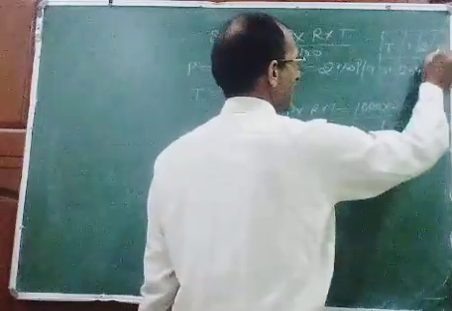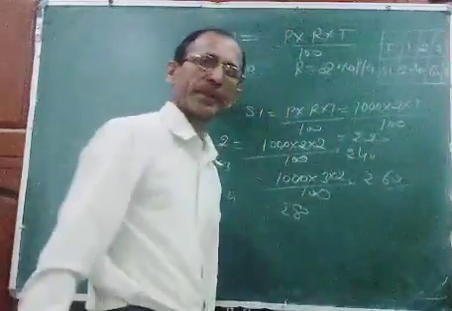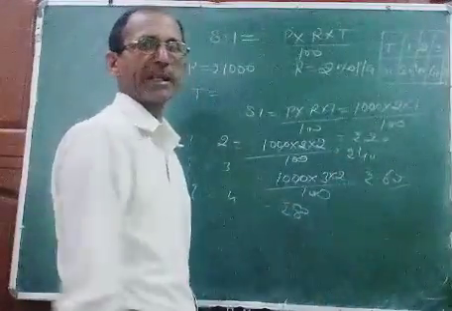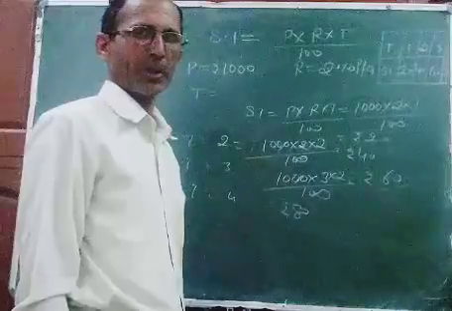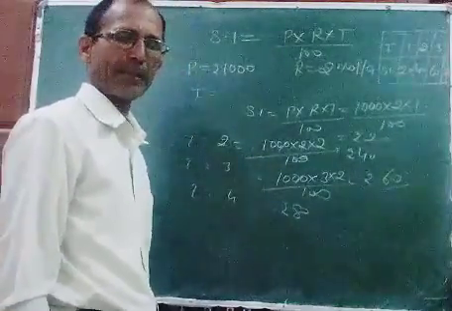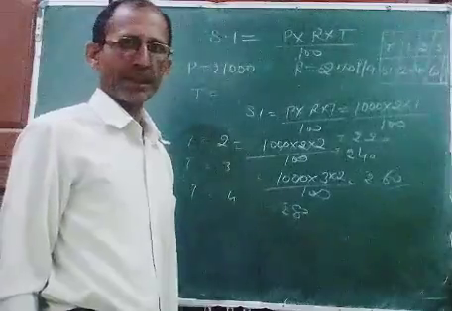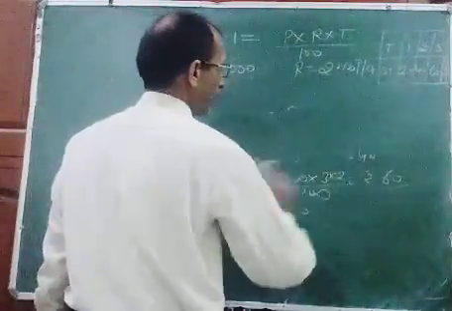When time is 3, simple interest 60. When time is 4, 80. Understood? Because I told you how to find the simple interest, and I hope you have done it already and you also know how to find the simple interest if time, rate and principal are given. Understood? Okay. Now draw the graph.